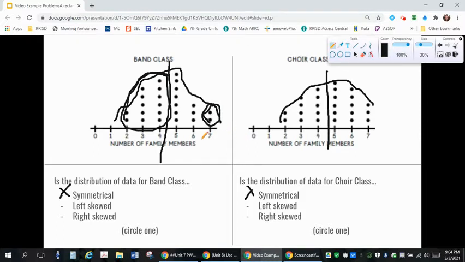So actually, this is called right skewed because these two little points are pulling that huge group over to the right. Now, similarly, let's look at the choir class. It looks like the right side of our data has the majority of our information. And then way on the far left, I see two little pieces of information that are, again, drawing all of our data to the left. So that makes the choir class left skewed. So we have two different skews here. Neither of these are symmetrical.